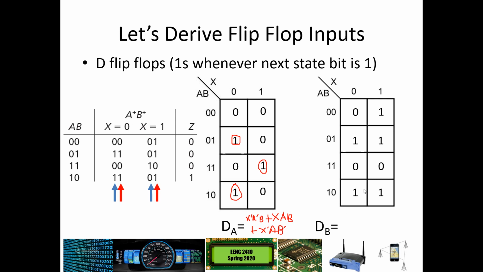Okay, and then over here we can do 3 groups. Here's one, here's one, and then here's one. So our 3 groups of 2, this top one is going to be xa prime. And then this one is going to be a prime b.